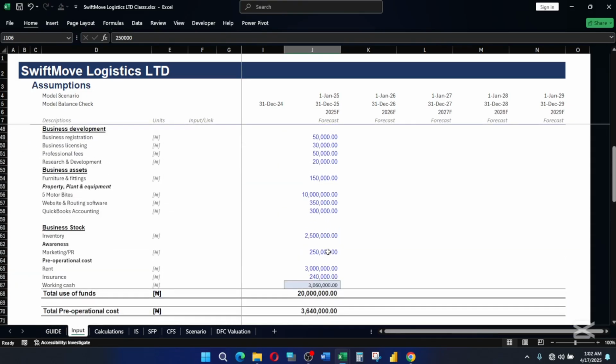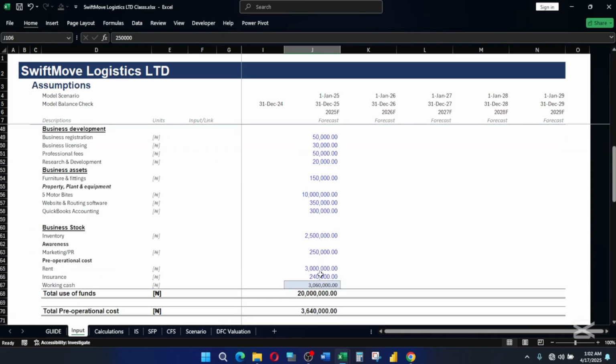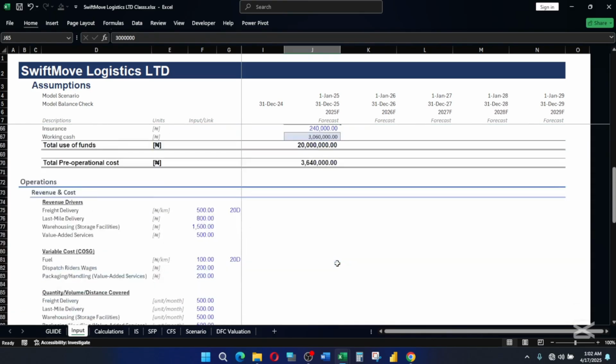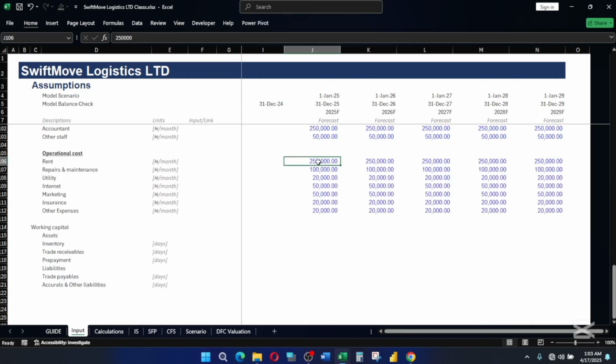Remember that the rent value is how much? The rent amount is 3 million naira here. So this is where we are going to be breaking the amount down into monthly, right? So what we are paying every month is 250,000.